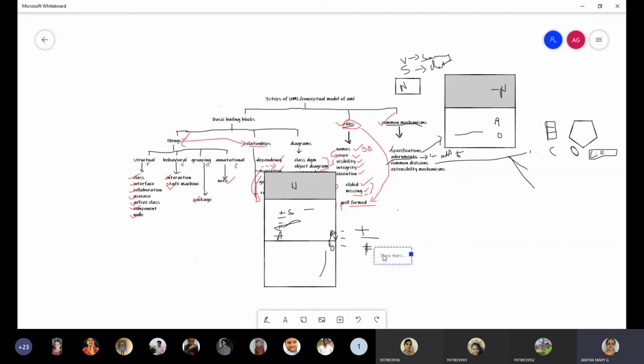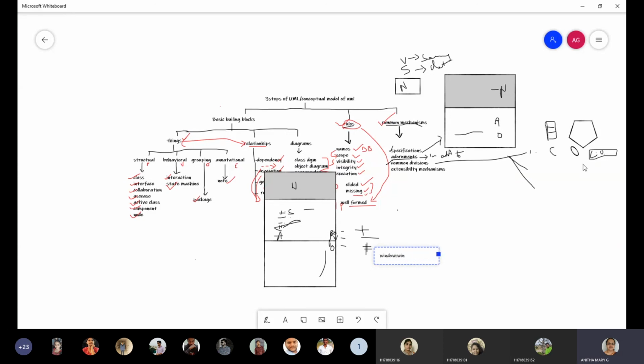Here the class name is, say, Window, and the colon, then say Some Win is the object name, and it should be underlined. Here I'm not getting the option, but it should be underlined. That is what we can say about the object.